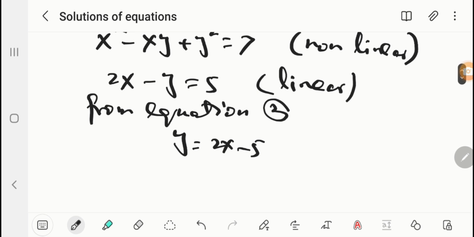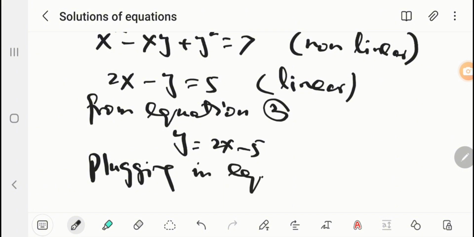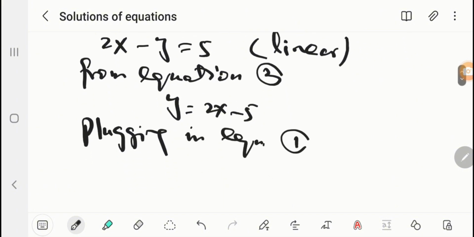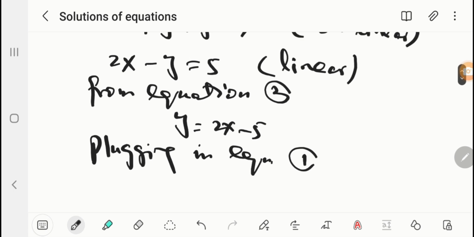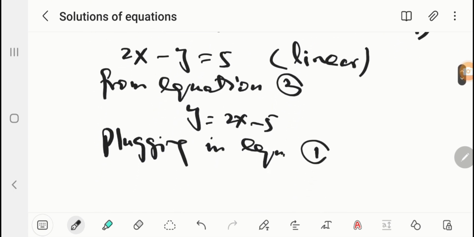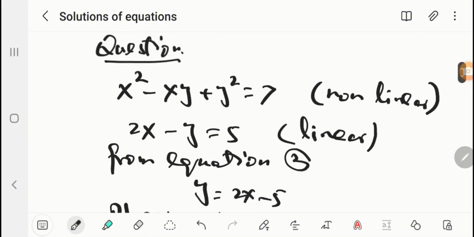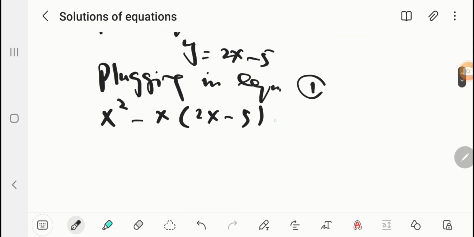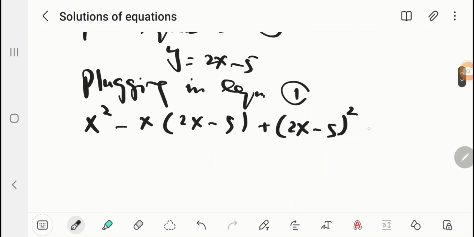Plugging in equation 1, it will be x squared minus x into the value of y, which is 2x minus 5, plus y squared, so it will be (2x minus 5) whole squared, and this is equal to 7.